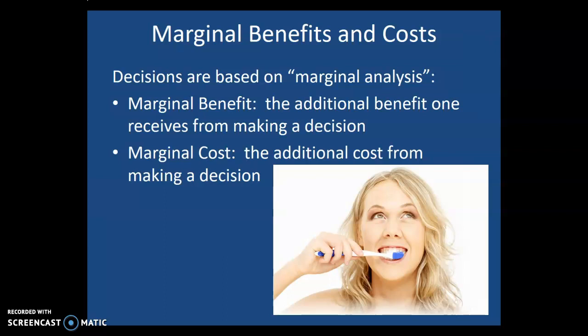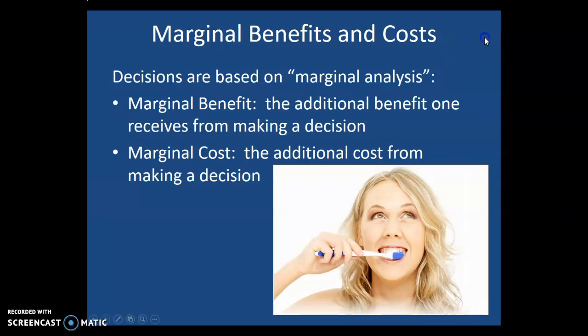Well, eventually, yeah, but eventually the amount of additional cleanliness you get doesn't really come to much. And there is a marginal cost of that, and that cost is the additional time spent in brushing your teeth. So eventually you're going to say, there's no need to scrub my teeth anymore. The marginal benefit is minimal. The marginal cost gets too much for the additional benefit of brushing with more strokes.